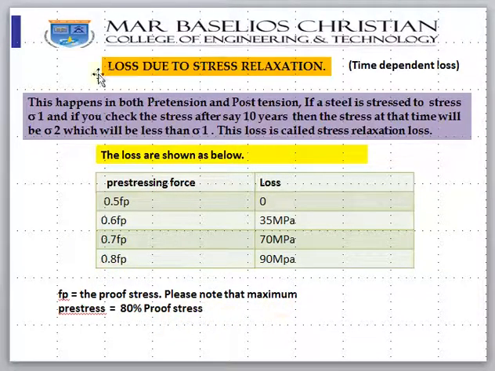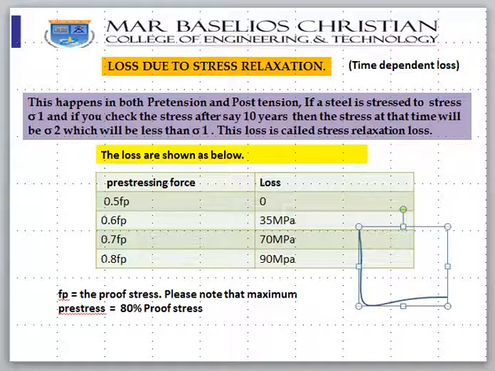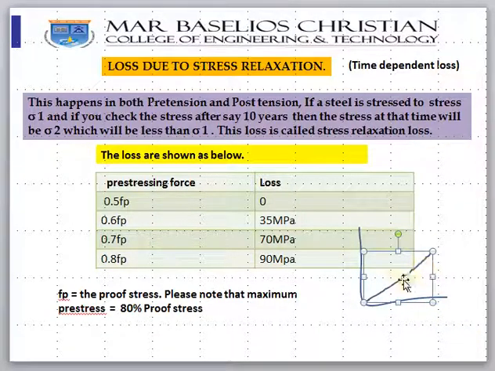Proof stress is like this: if I draw a stress-strain curve, and mark 0.2 percent strain here, then draw a dotted line like this, it will meet the curve here.